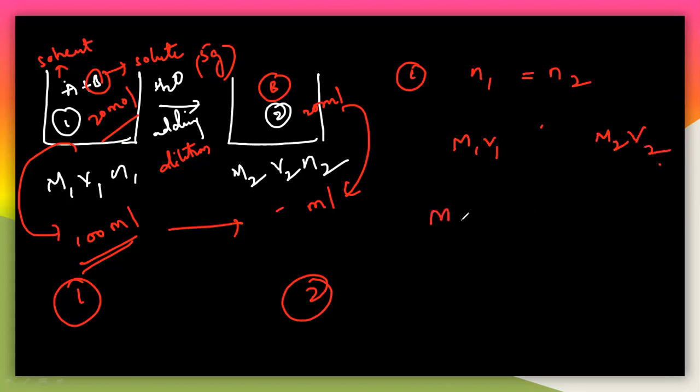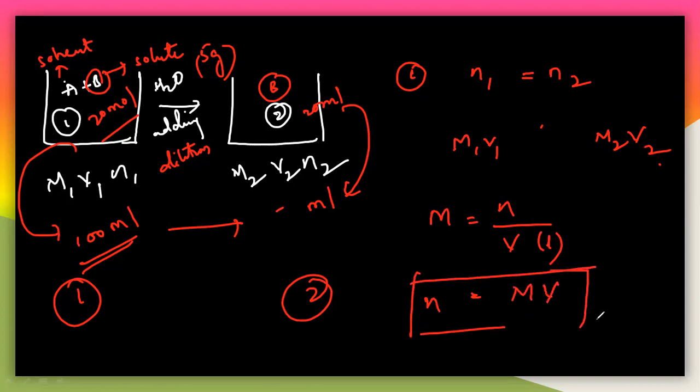See here, molarity is nothing but the number of moles of solute by volume of solution in liters. You know that. So what is the number of moles? N is equal to M into V. The number of moles is equal to molarity into volume of solution in liters. So N1 is equal to M1V1, and N2 is equal to M2V2.